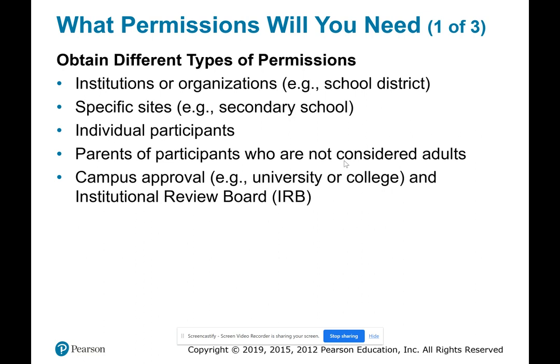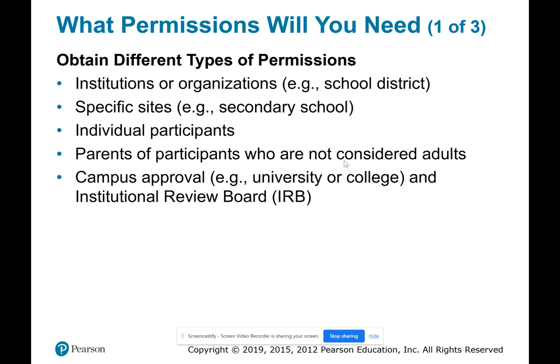Now, federal legislation requires you guarantee them certain rights when you request their permission to be involved in your study. For most educational research, you need to get permission from several individuals and groups before you can begin gathering data. Such places could include the places that are on the slide, and I'll let you read those.